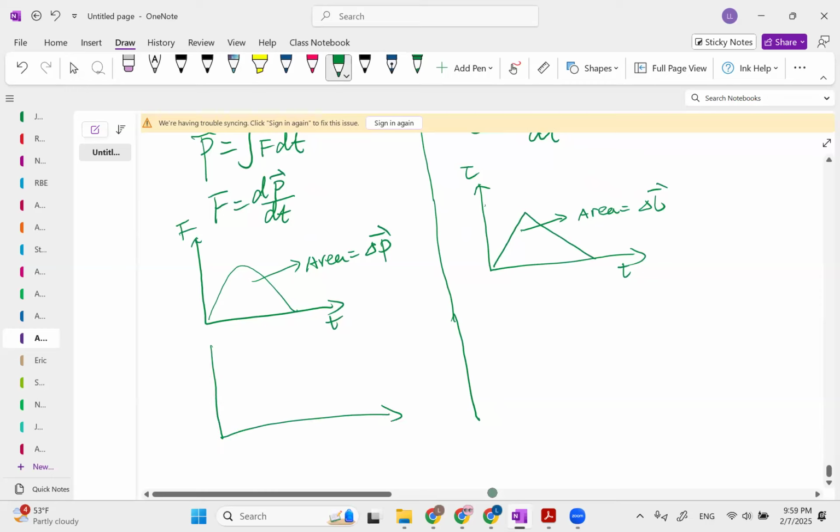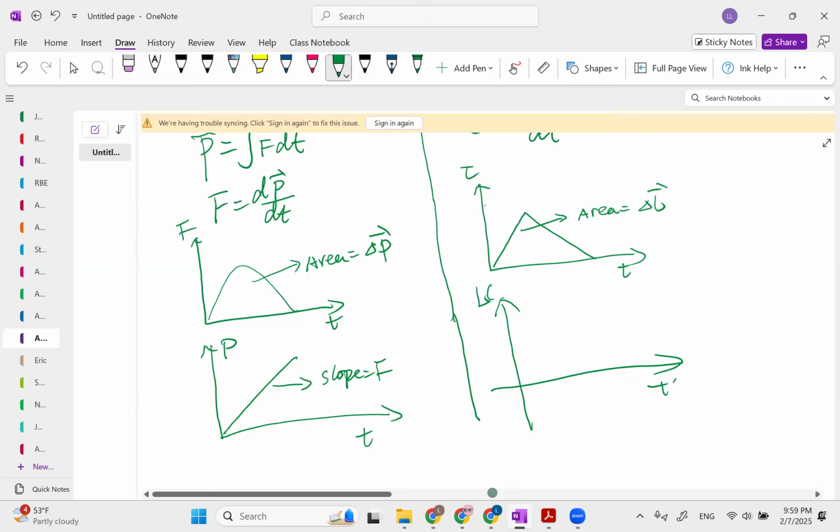And then same thing, right? P versus time, the slope, you get force. Every time you talk about the relation between two quantities, you always need to relate it graphically.